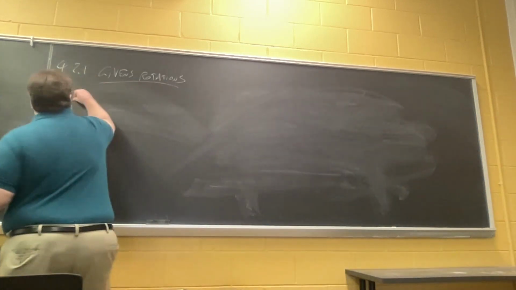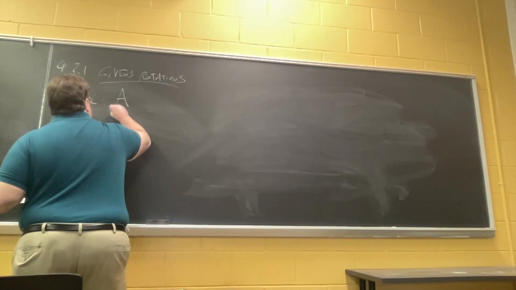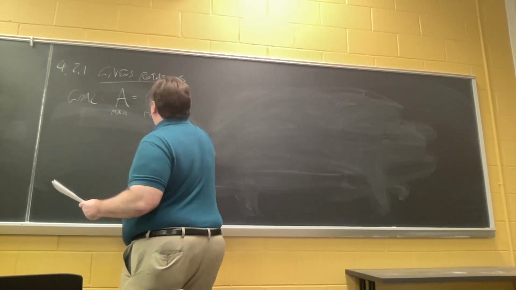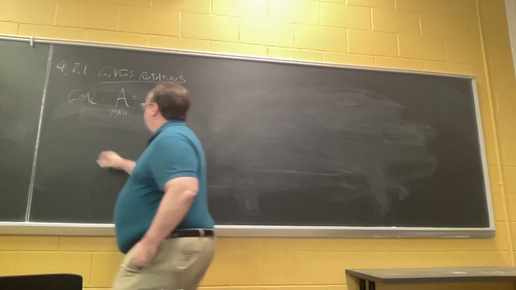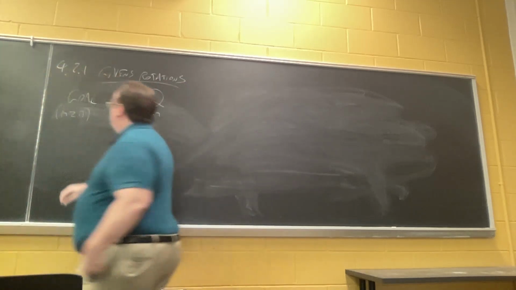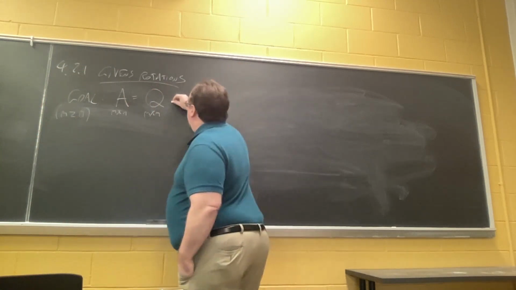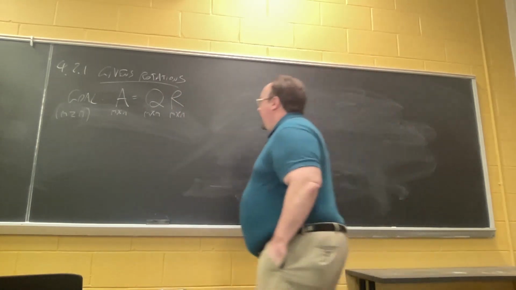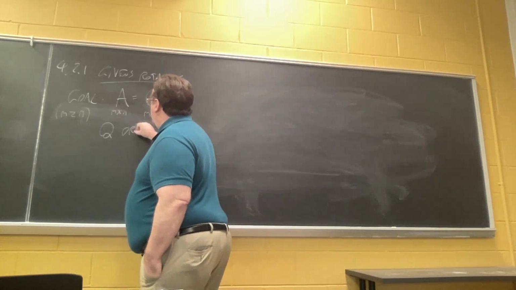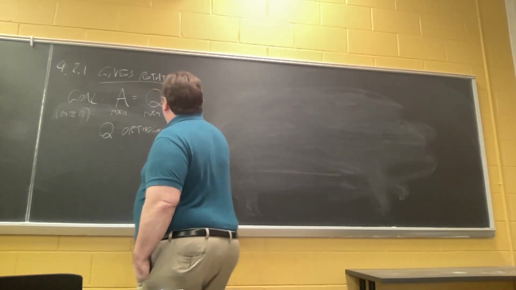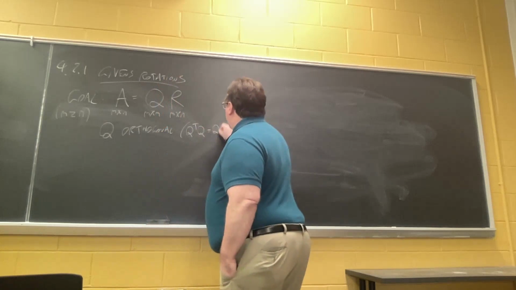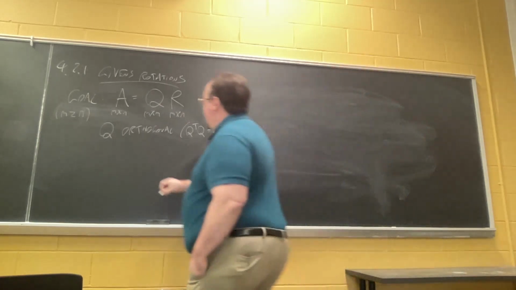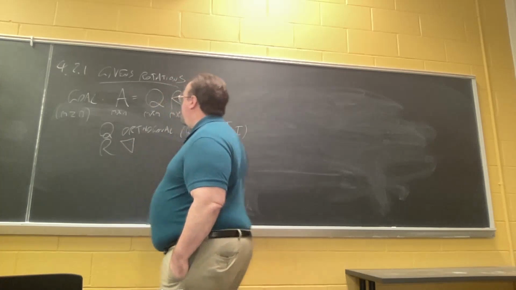All right, so the goal is to take an M by N matrix A and factor it into a product of an M by M matrix Q, our assumption for now is still M greater than or equal to N, times a matrix R with the same size as A. Q is orthogonal, so Q transpose Q equals the identity, and R is upper triangular.